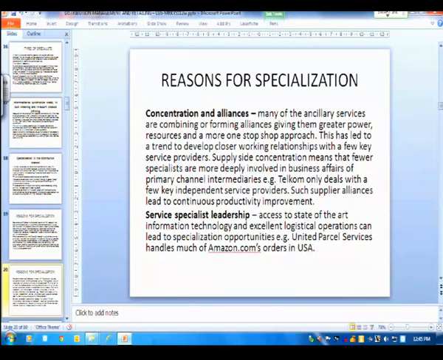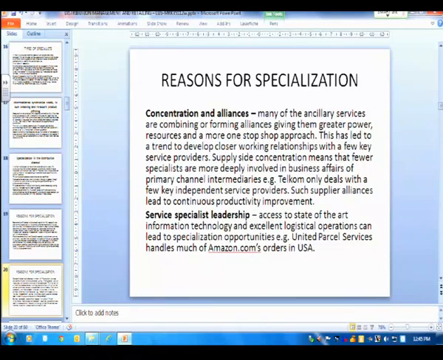The next one is concentration and alliances. We are saying that many of the ancillary services are combining or forming alliances, giving them greater power, resources, and a more one-stop shop approach.